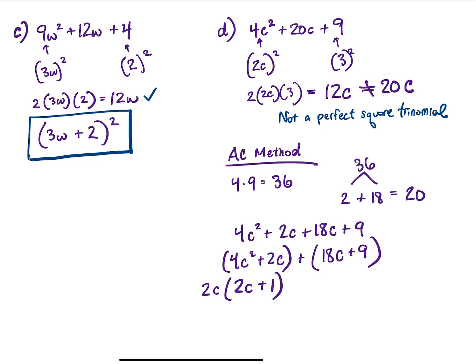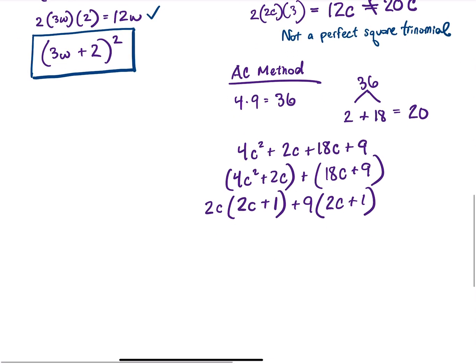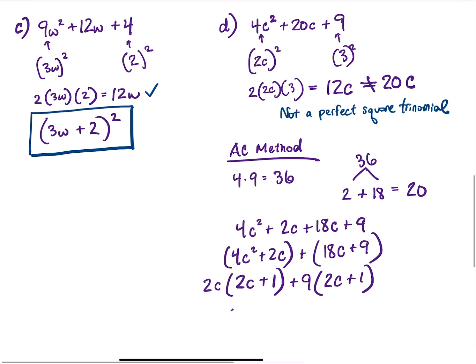And then in the second set, they're both divisible by 9. So let's take a 9 out. Then we'll be left with 2c plus 1. So we can write our common factor, 2c plus 1. And then our second factor will be 2c plus 9.